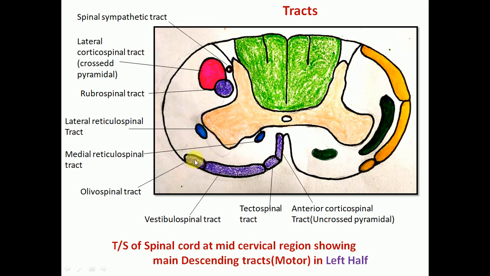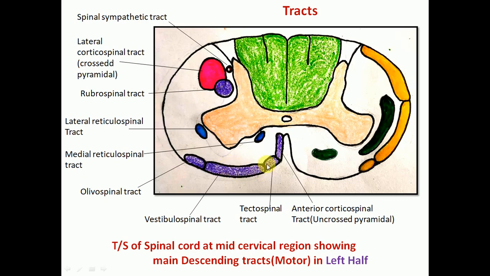Now within the anterior white column there is the olivospinal tract, which comes from the olivary nucleus of the medulla oblongata to the spinal cord. Then the vestibulospinal tract, concerned with unconscious position and balance, comes from the vestibular nucleus of the pons and medulla oblongata to the spinal cord.